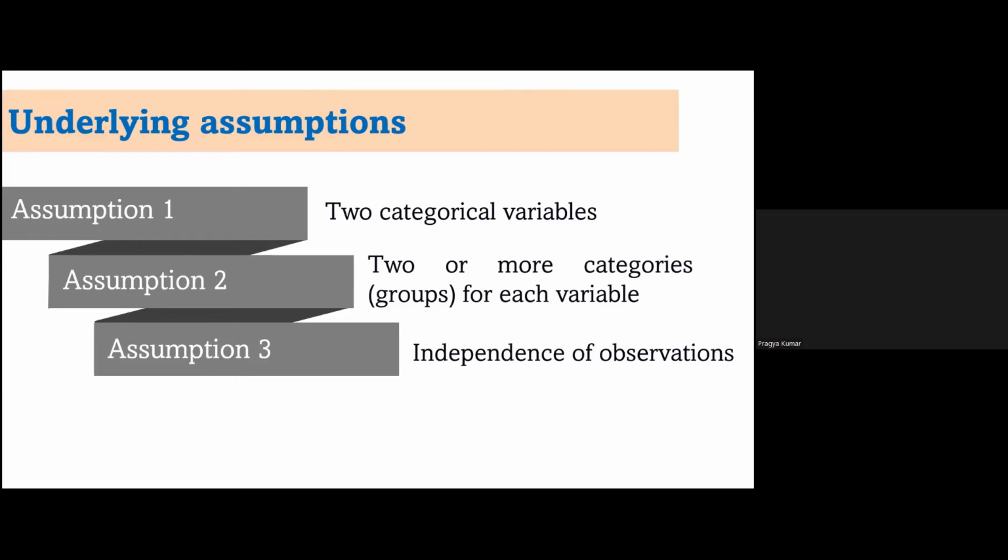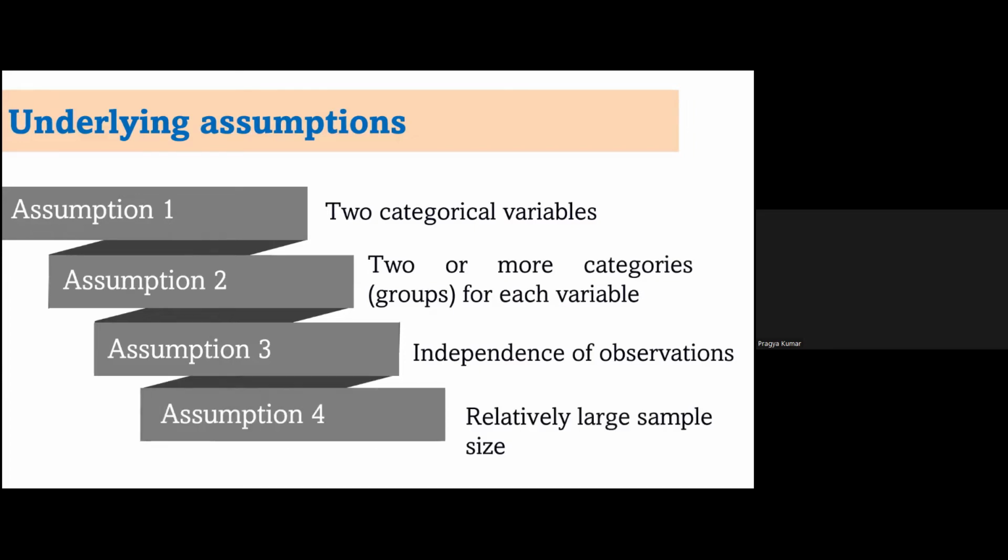That means if you have counted one individual, maybe with diabetes, you cannot count that person again in the non-diabetic group. So there will be separate people in each of these 2 groups. And it should have a relatively large sample size, because then the expected cell frequency will be more than 5.